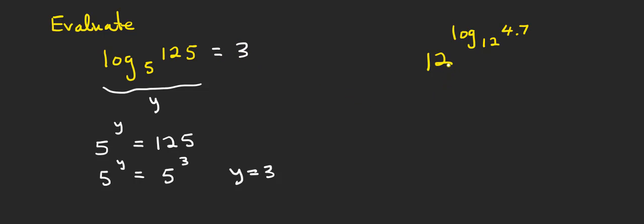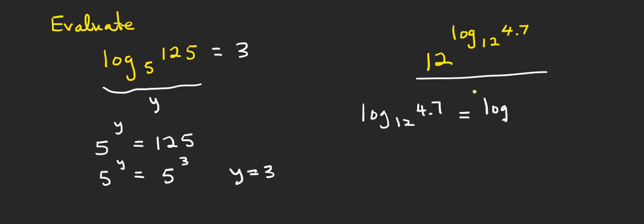Now what about this one? 12 to the log base 12 of 4.7. Now be careful. This is an exponential form. Base is 12. Exponent is log base 12 of 4.7. So if you change it to logarithmic form, remember log is an exponent. So this is an exponent right here. Log base 12 of 4.7 is equal to log, what is the base? 12 of, let's call it y.